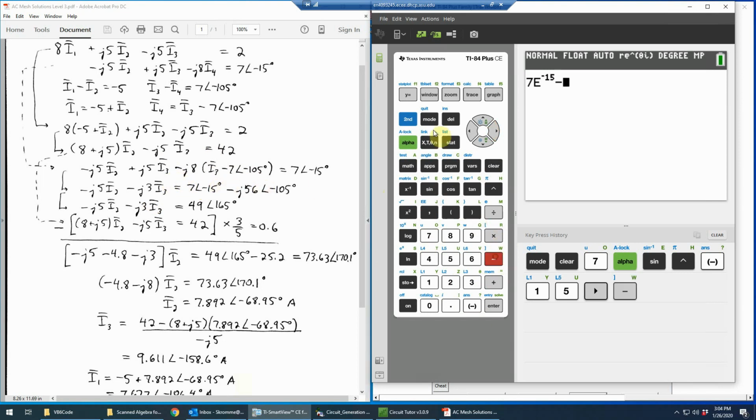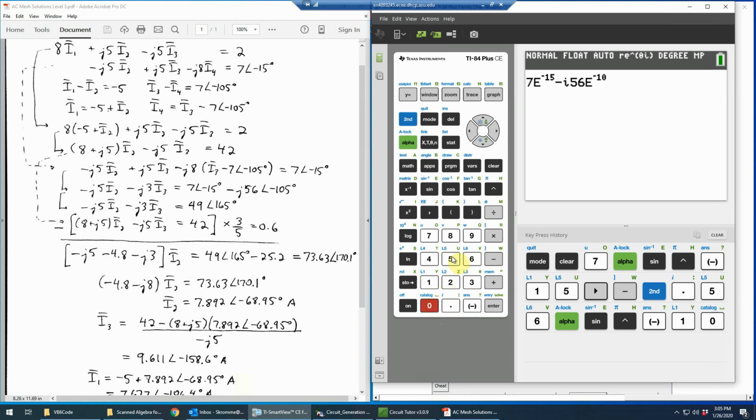So I'm going to go minus, and I'm just going to click i down here instead of j, because they don't use j, and again, that's the decimal point key there, and then I do the 56, and then that's angle, so then I use the e variable again, raised to that power, negative 105. So that's this expression, and then I just click enter, and that gives me a number.